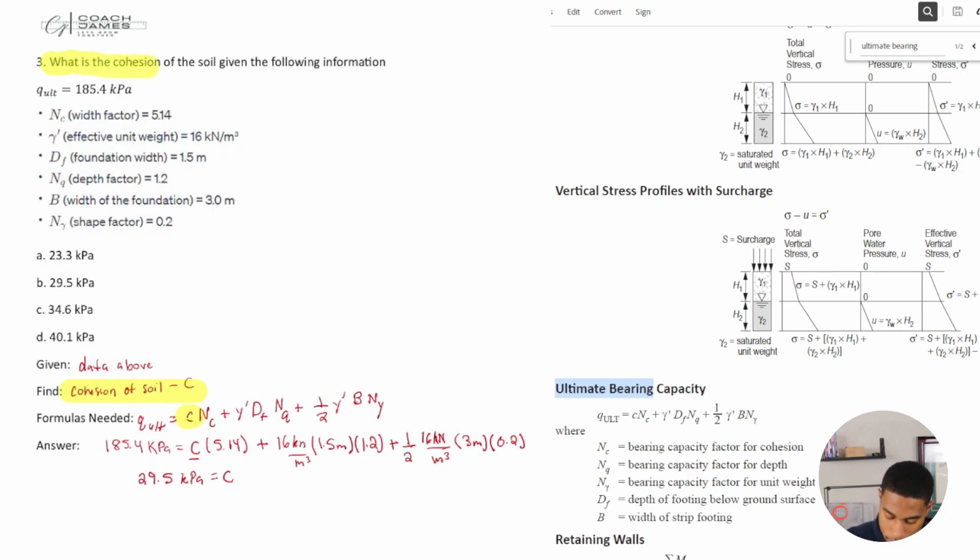What is the cohesion of the soil? All right, so just need to be clear on what you're solving for, and based on the information they're giving us, also having a good idea of what Q ultimate means, ultimate bearing capacity, because you're not going to be able to type that in the handbook. So being familiar with these factors and symbols and seeing this before is going to really help you.